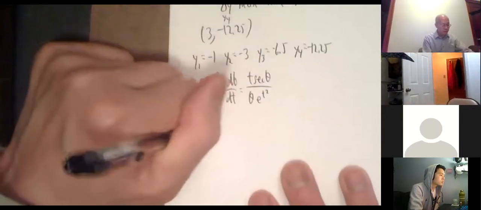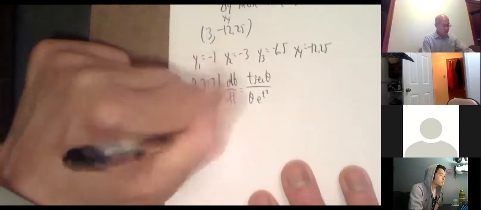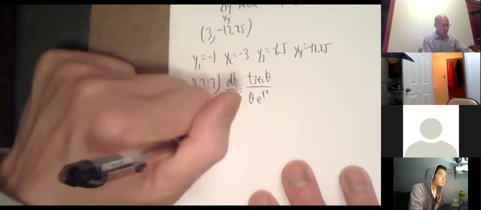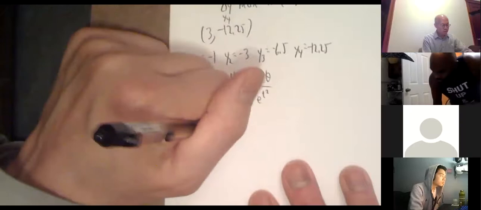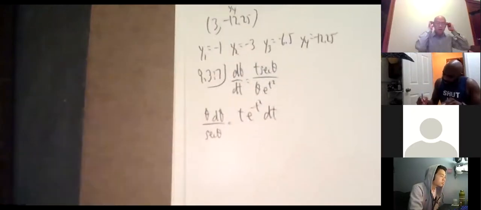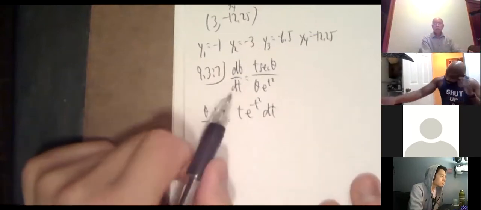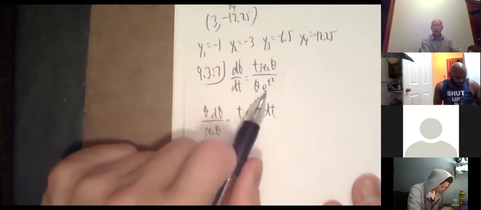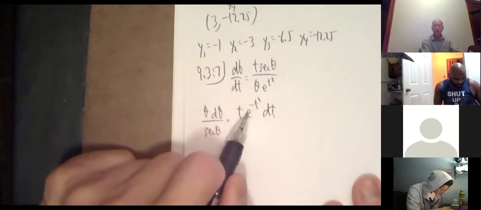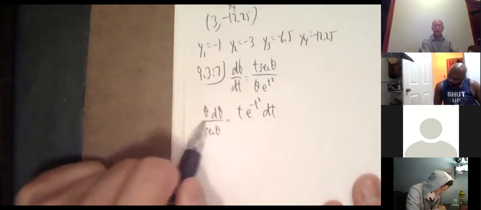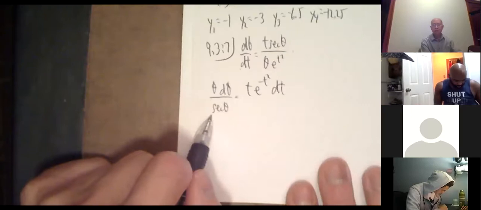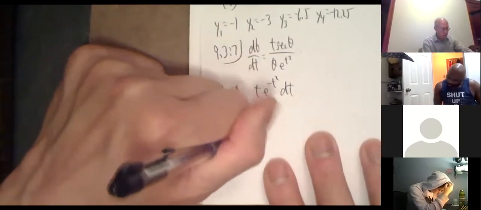That goes up, that goes down. Theta d theta divided by secant theta equals t e to the negative t squared dt. E to the t squared on the bottom is e to the negative t squared on top, multiplied by theta, divided by secant theta. And secant on the bottom means cosine on top. So theta cosine theta d theta equals t e to the negative t squared dt.